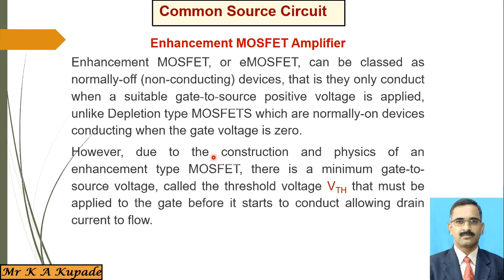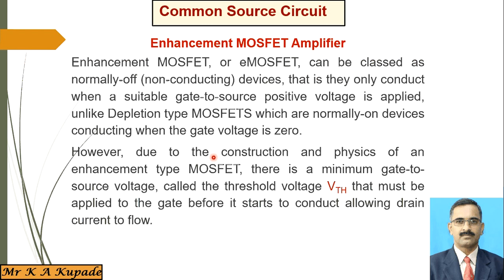That means until you apply a positive gate to source voltage, this device will not conduct. Only when you apply positive potential at the gate terminal will this enhancement MOSFET conduct, that is, be in the on condition.